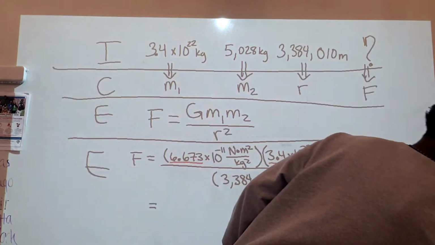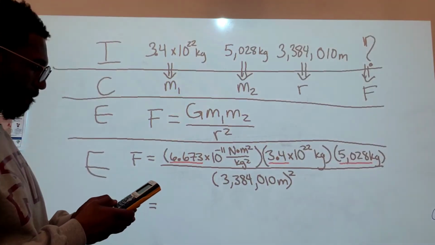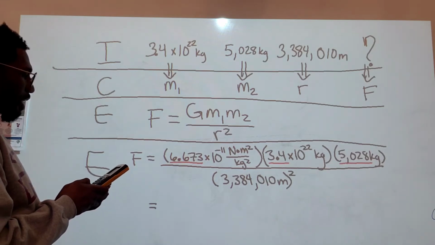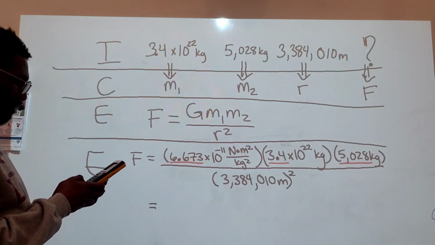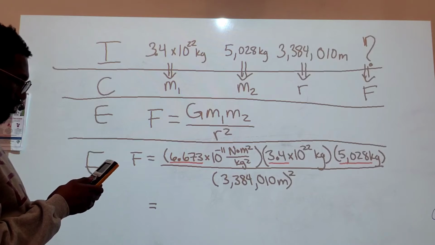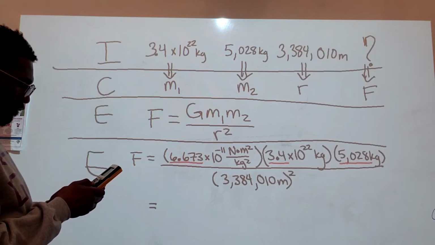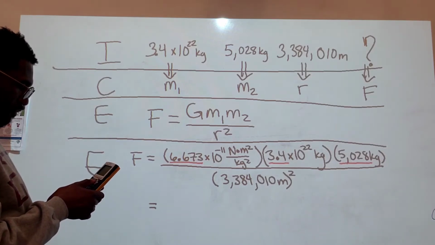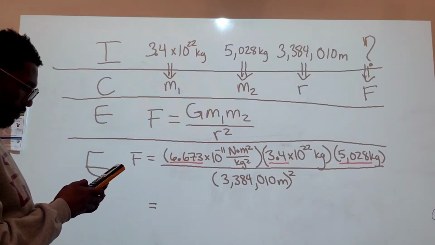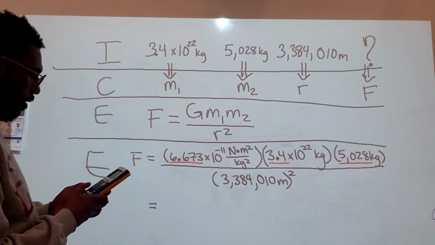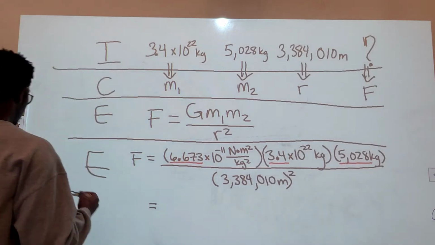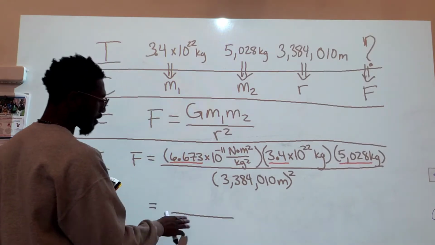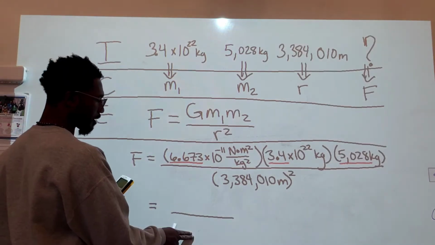So let me go ahead and grab a calculator. 6.673 times 3.4 times 5,028. Let me go ahead and write the division line again so I know my numerator and denominator.